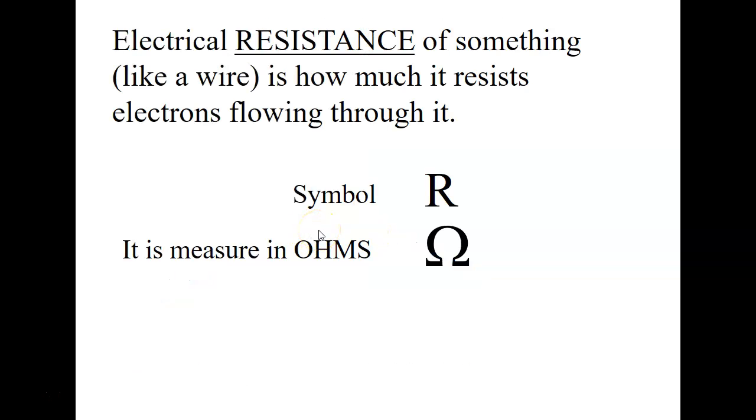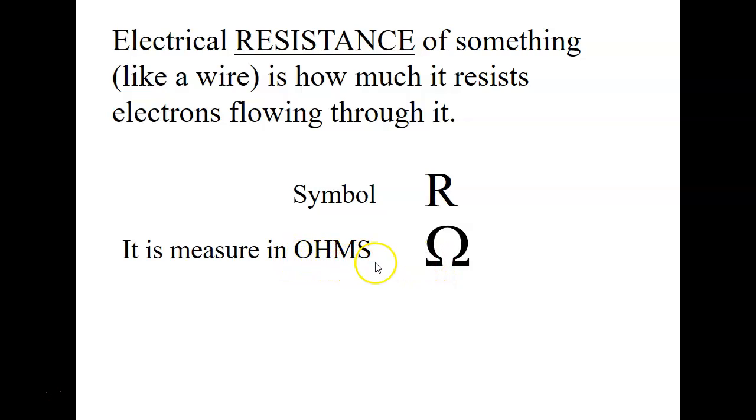Electrical resistance is how much something like a wire resists electrons flowing through it, or positive charge. I'll switch back and forth between the two, but conventional charge is positive. Real current is electrons. The symbol for electrical resistance is R, and the unit for it is ohms.